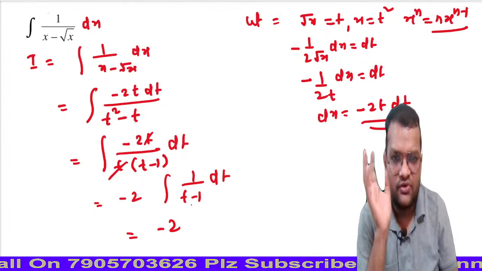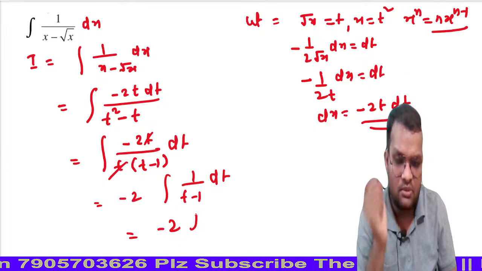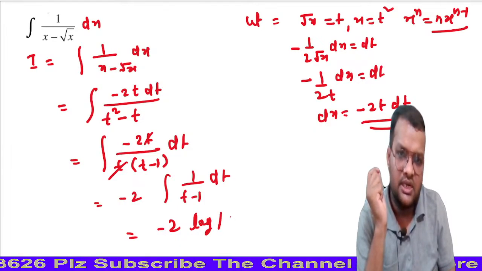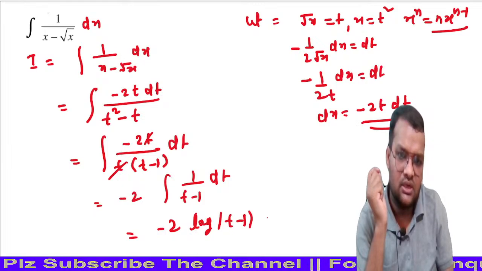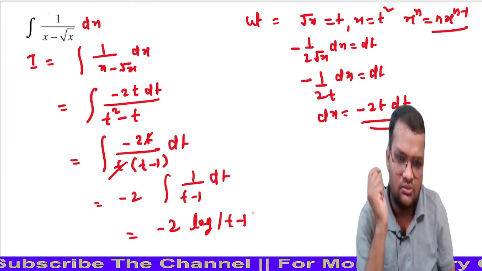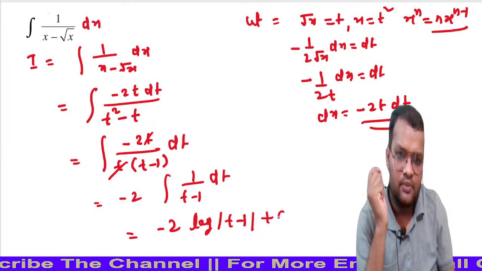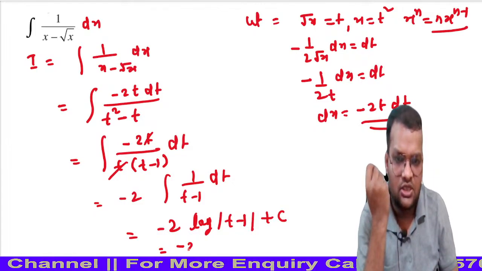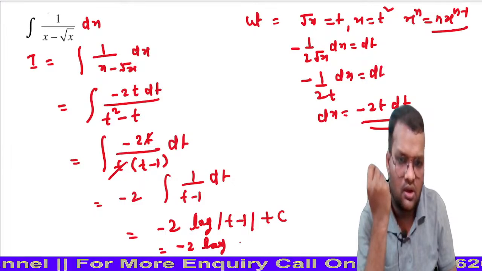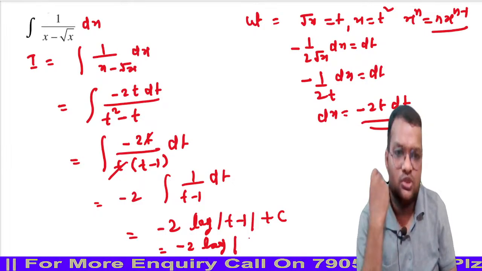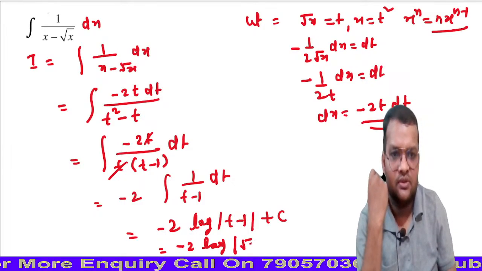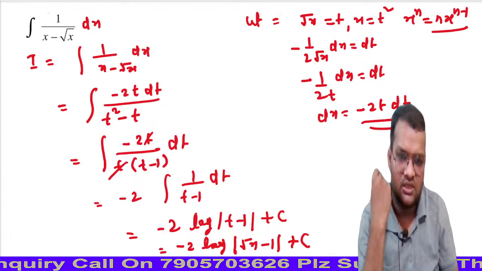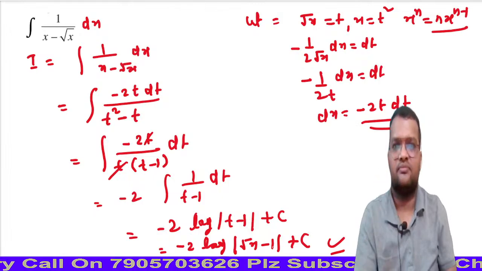So log of denominator, log of t minus 1, plus integration constant c. Now you need to replace t with root x. So minus 2 log of root x minus 1 plus c. Okay, this is your integration.